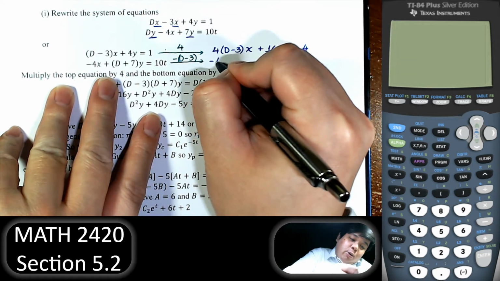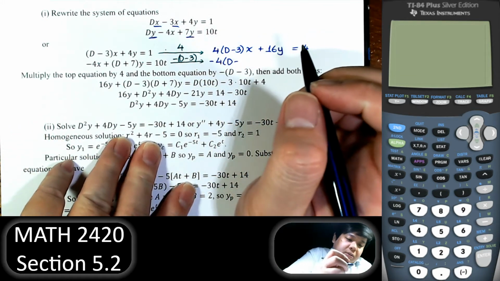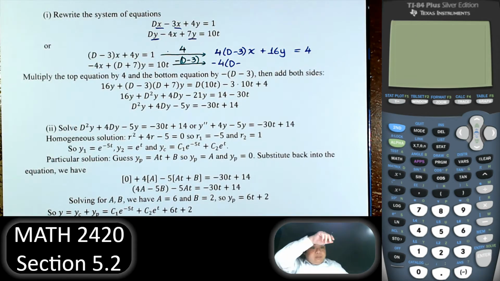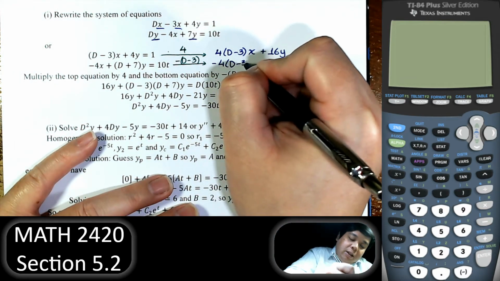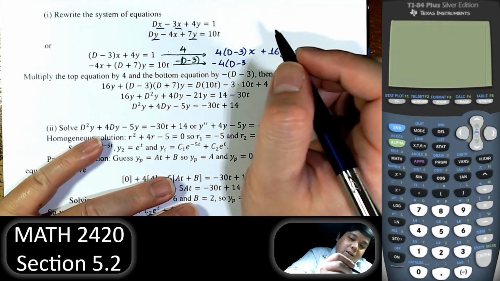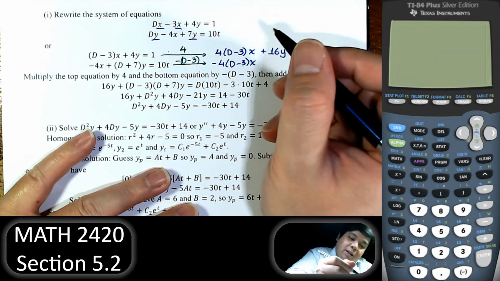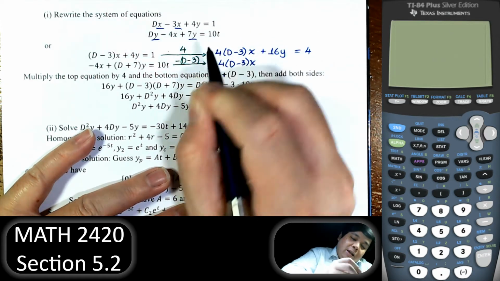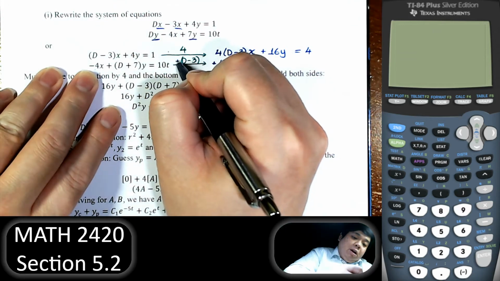And then we multiply this in front of both of them. We have negative 4, minus (D minus 3)... x. Sorry, that should be a plus. Because it has a minus already, we just need to multiply by a plus.